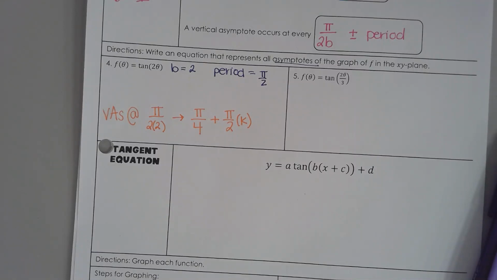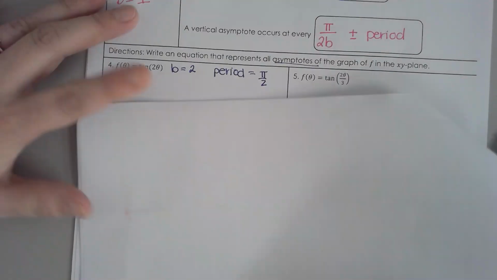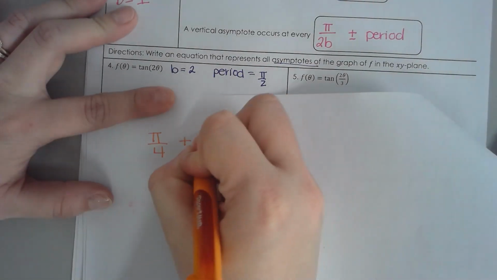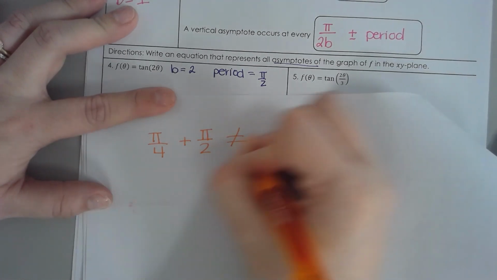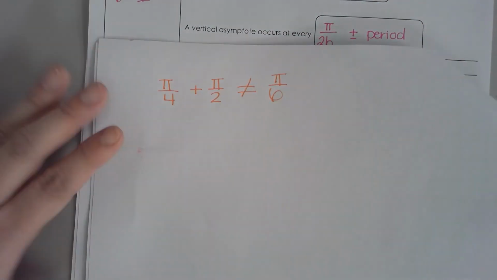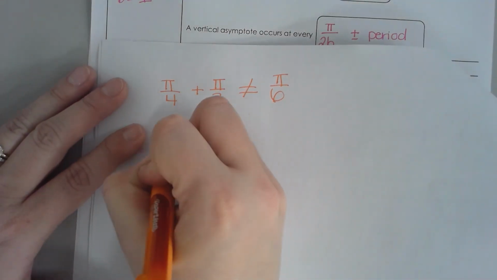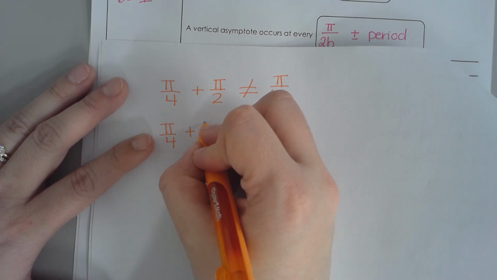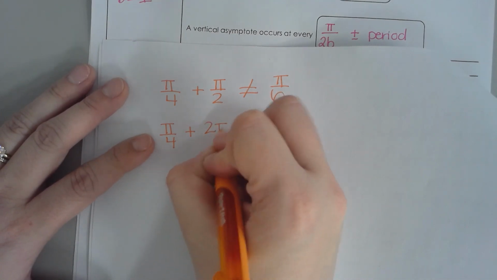Well, if I was actually finding the next vertical asymptote, when I add fractions, that is not pi over 6. You have to have common denominators. So this would be 2 pi over 4.